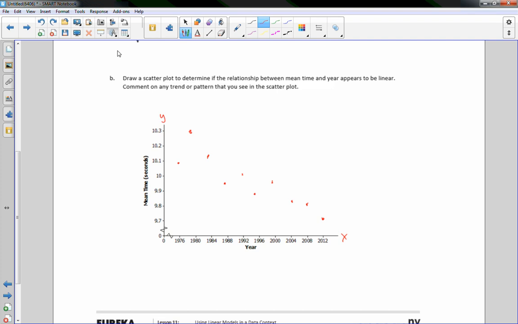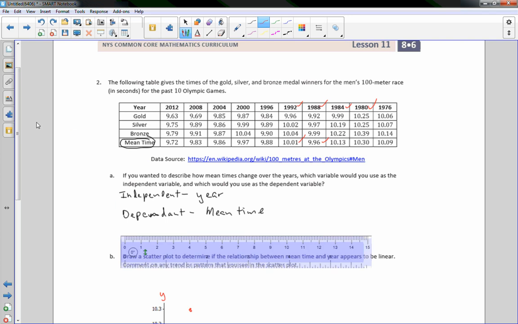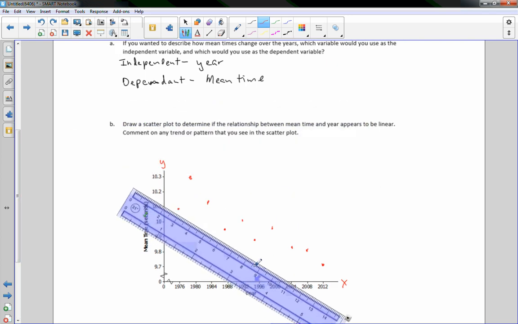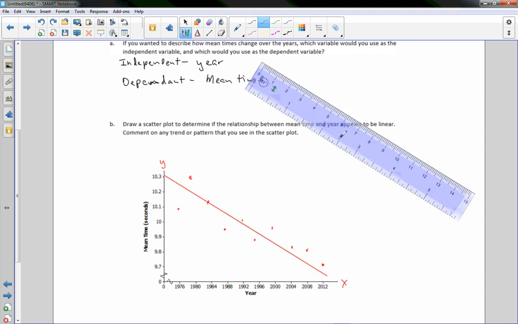Now I would get my ruler, because it says to draw a scatter plot to determine if the relationship between the mean time and years appears to be linear. So if I get my ruler out and draw a line of fit, an approximation, I would say it would be something like this, and then I'd assess it.